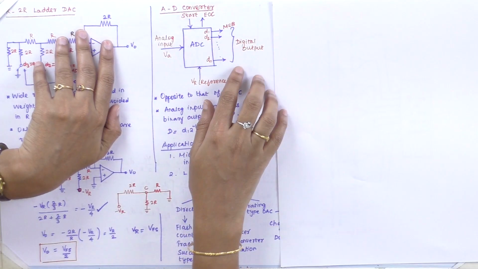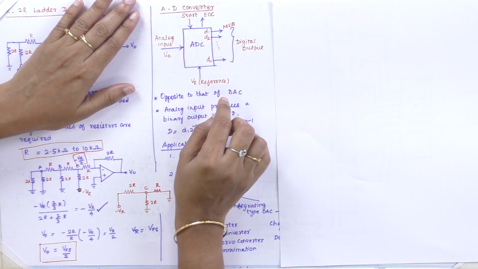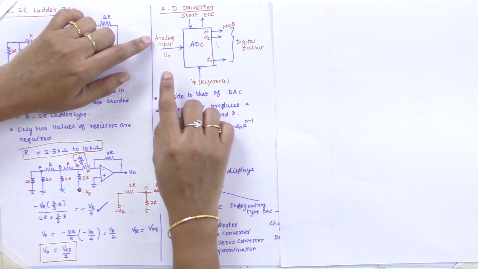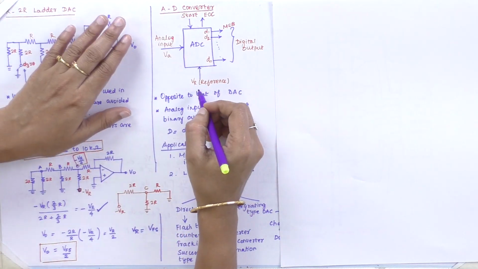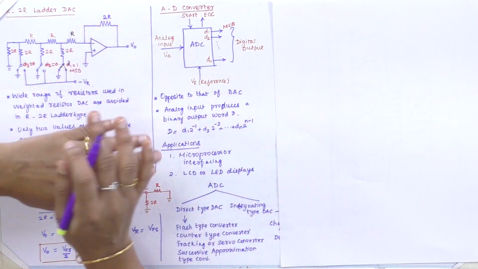We know the concept of the analog to digital converter: the input signal is an analog signal and the output signal is digital. This is the basic block diagram of the analog to digital converter. Here the analog input is VA and the reference input is VR. It is similar to your comparator concept.